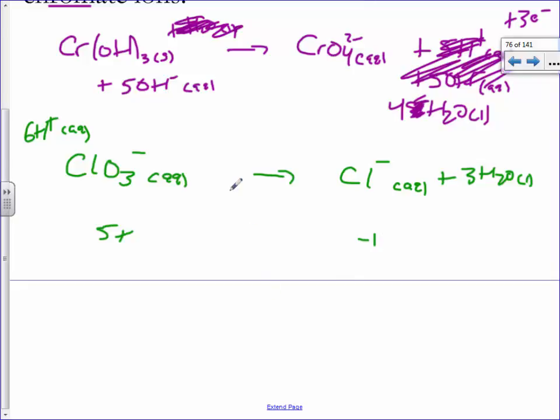So hopefully you're already in agreement. We need electrons on this side over here. How many do you need, though? Not 4. You need 6. Because you got to try to find a way to take 5 down to 0 and then go 1 further to get down to -1, right? So you're going to need 6 electrons to make this guy work.